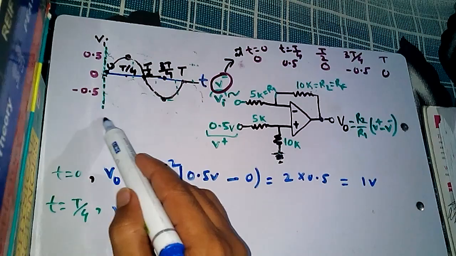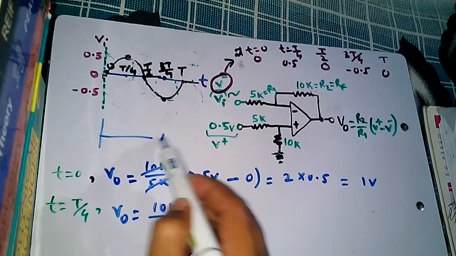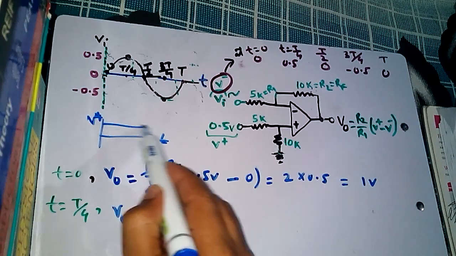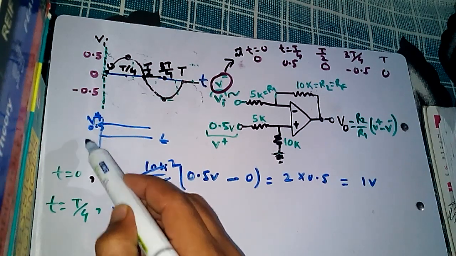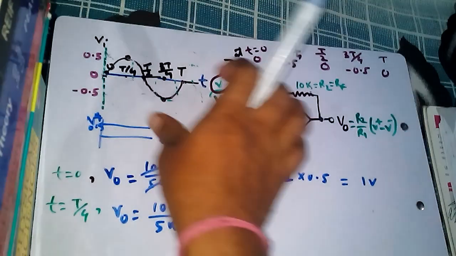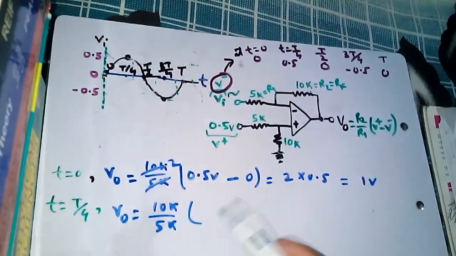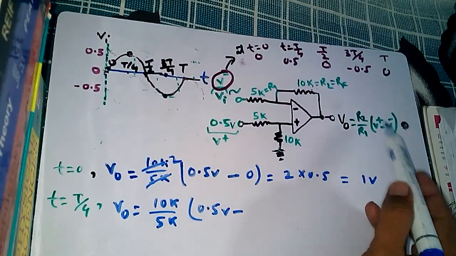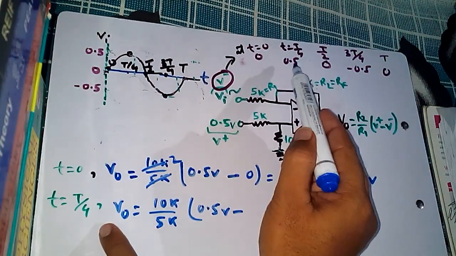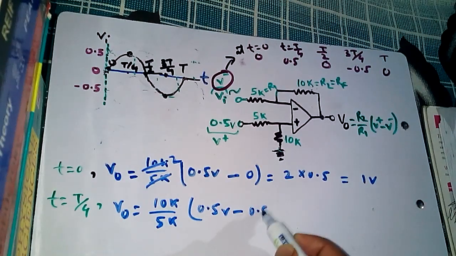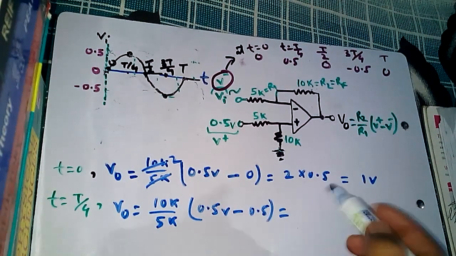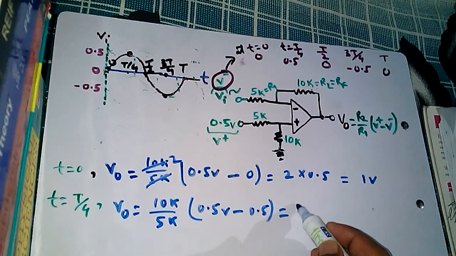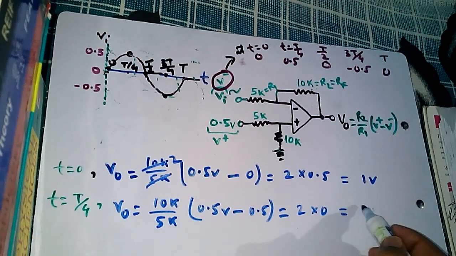If I draw a graph of V plus against time, it would be a constant line at 0.5. So it is 0.5 volt minus V minus, and at T by 4, V minus is 0.5. Now they cancel to make 0, so 2 times 0, that means 0 volt.